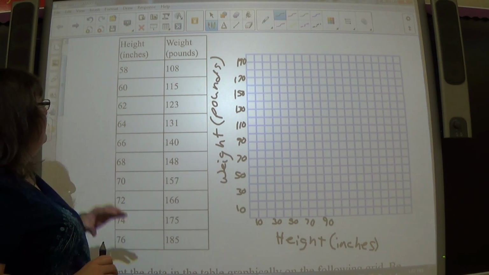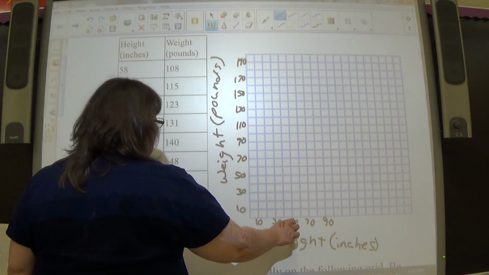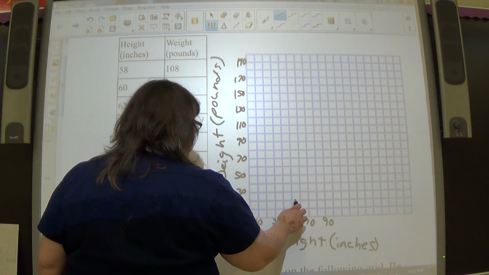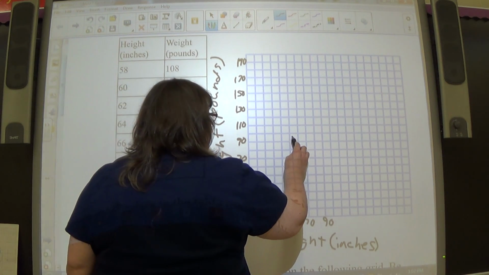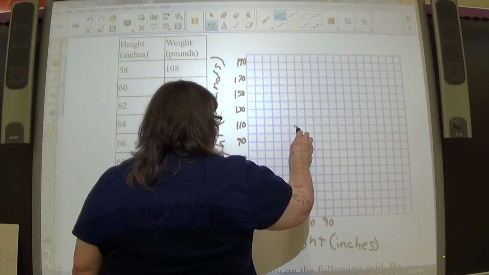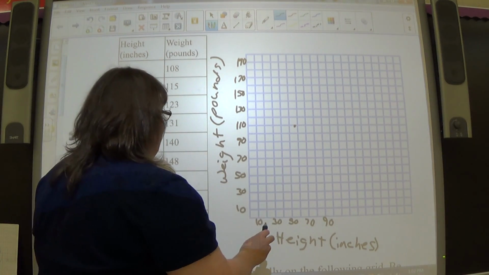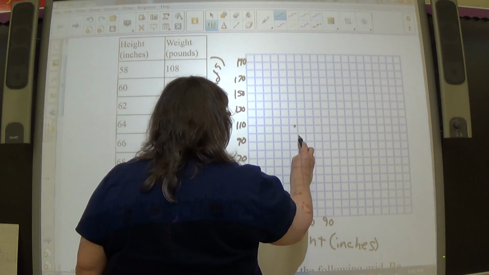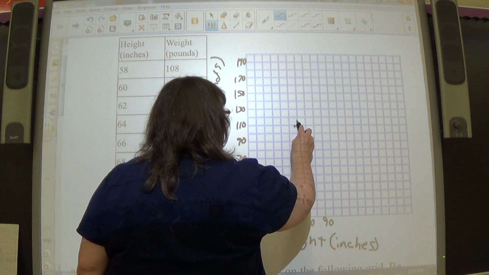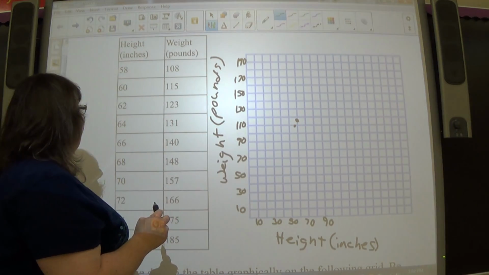Now, just graph it. So I need 58 inches. Well, that's almost 60, but not quite. And I need to go up to 108. So 108 would be pretty close to 110. Okay, so there's my 58. I need 60 and 115. So that's about halfway between 110 and 120.